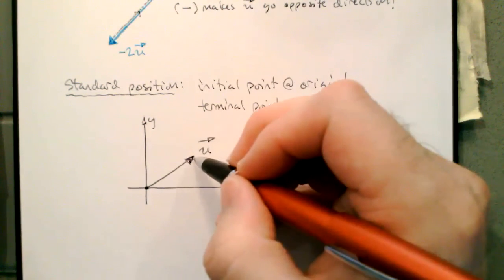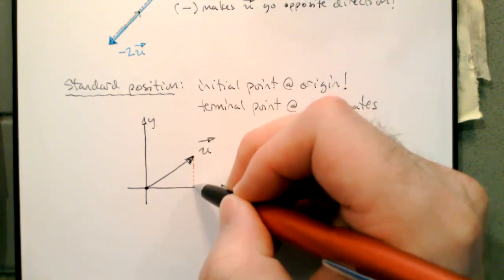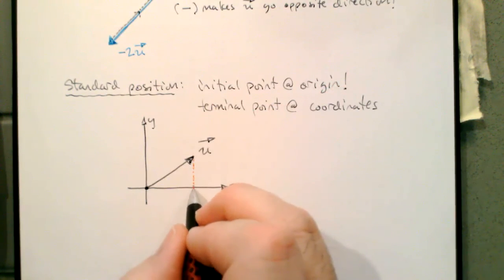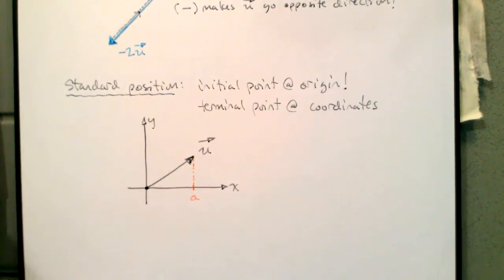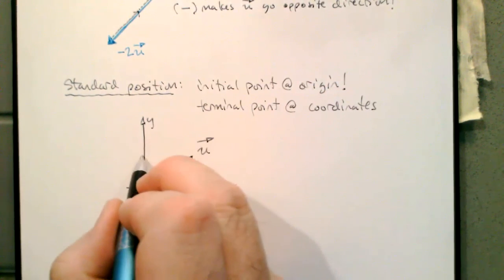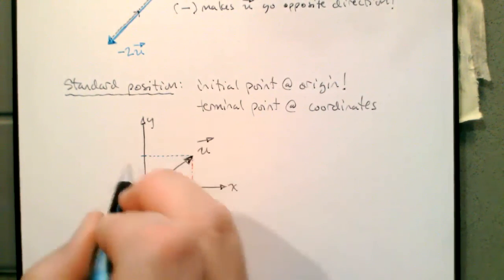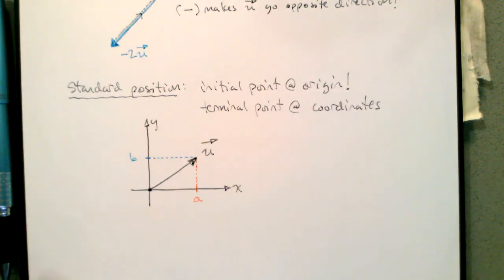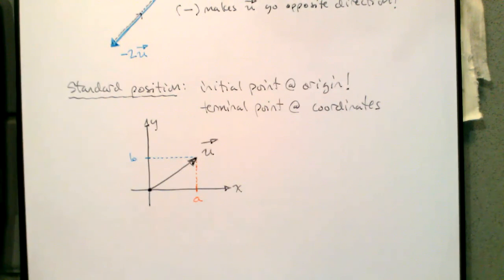So we'll have horizontal and vertical coordinates. So the terminal point is at (a, b).